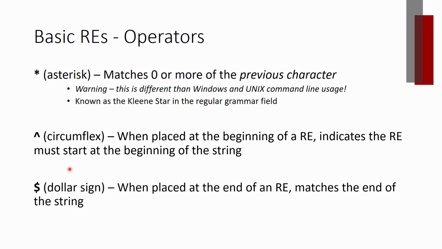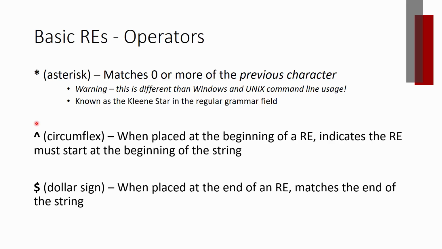The dollar sign, when it's placed at the end, matches the end of the string. And again, we've seen this before from vi, from the commands that are in there, which gets its terminology and characters from ed, where the dollar sign refers to the end of a string. And in fact, the circumflex command stroke, if you push that in vi, takes you to the beginning of the line.